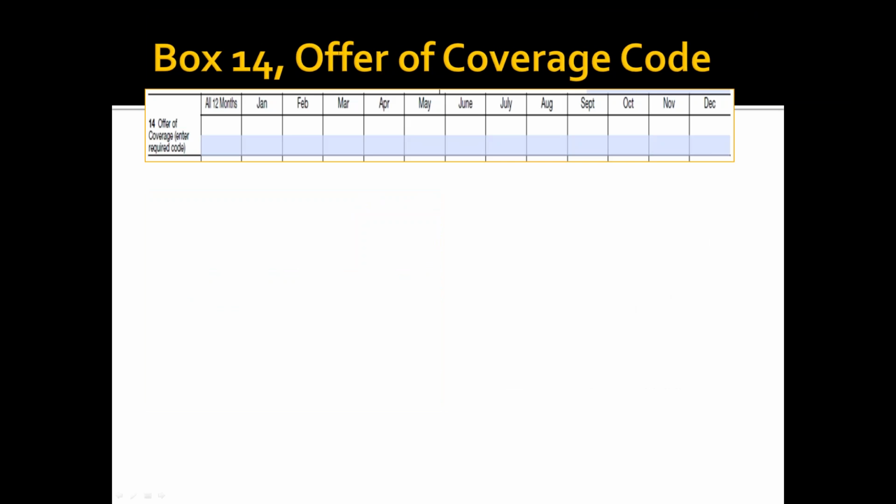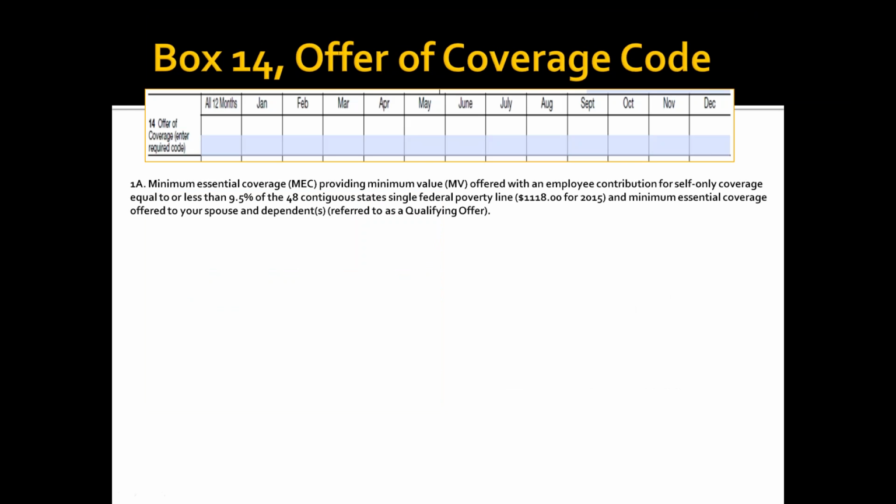Let's go into box 14, the offer of coverage code, and look at the different coverage codes that are defined by the IRS. First, one could be this 1A, this minimum essential coverage that provides minimum value offered to the employees for coverage just for themselves that is less than 9.5% of the federal poverty line, which this year in 2015 is $1,118.